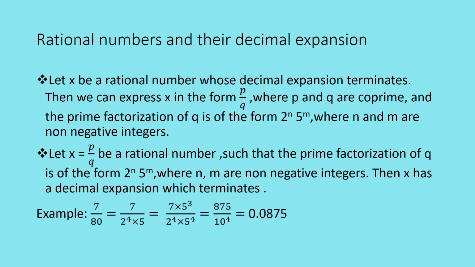So from these 2 points, it is clear that if a decimal expansion terminates, then it is a rational number, or otherwise if it is given in p by q form and the denominator q, its factorization can be written in the form 2 raised to n, 5 raised to m, then it is a rational number.